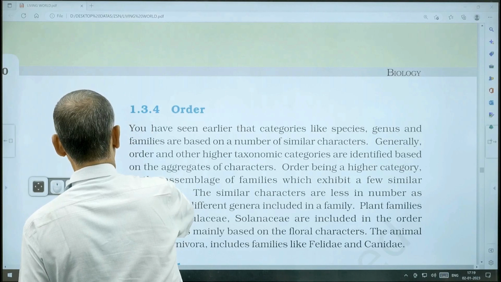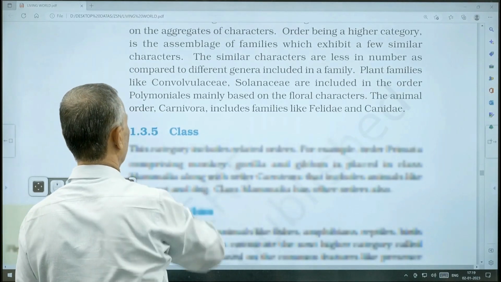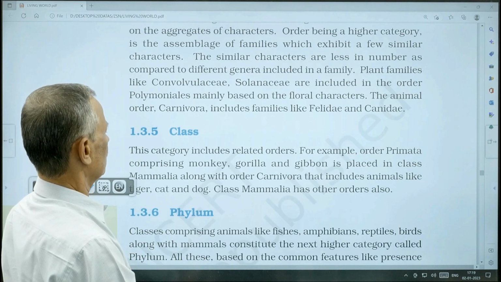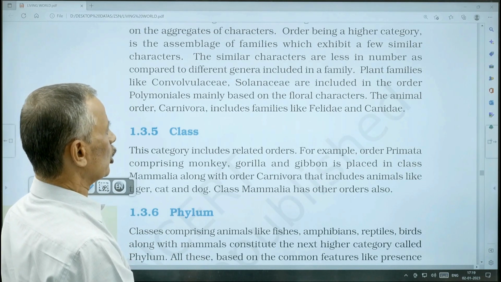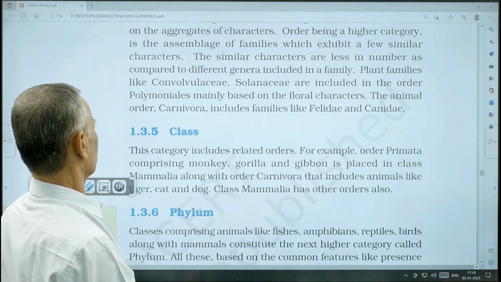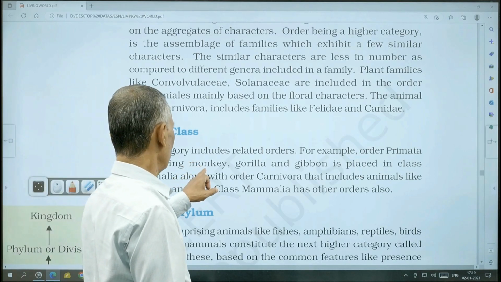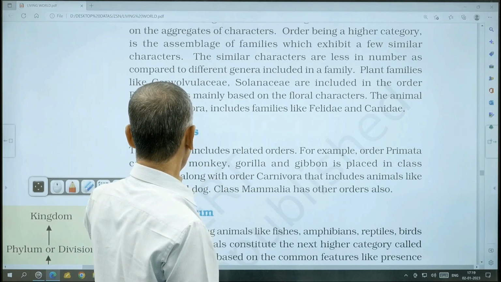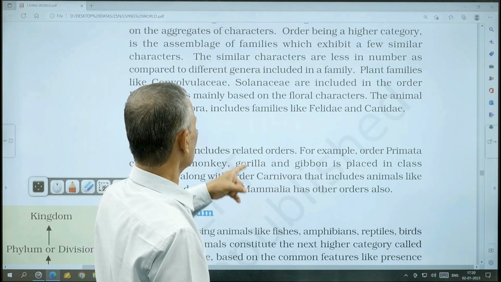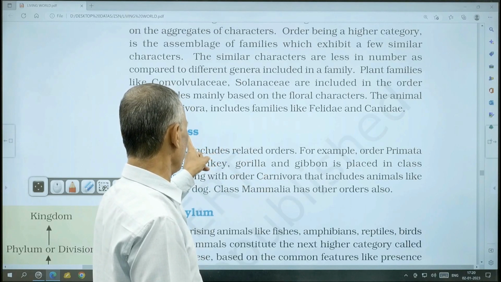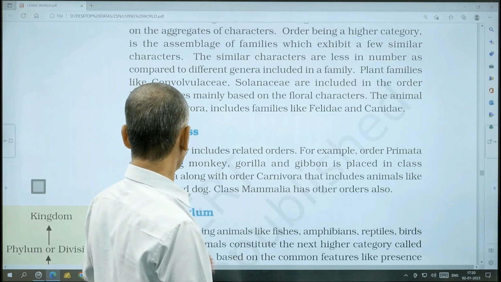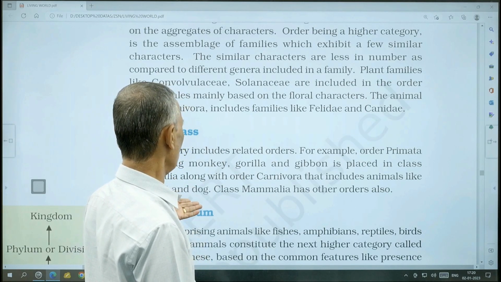Now, still higher to that, you have the taxon class. So class is a group of related orders. For example, order Primata, comprising monkeys, gorilla and gibbon, is also put under the same class Mammalia, which includes Carnivora, that include tiger, cat and dog.